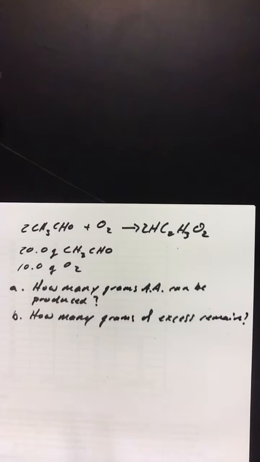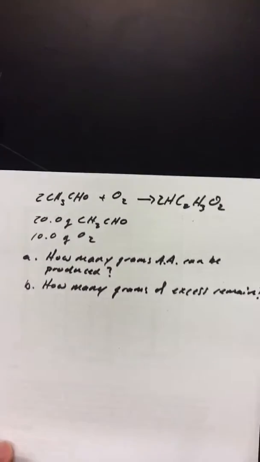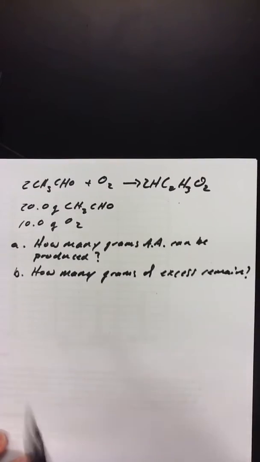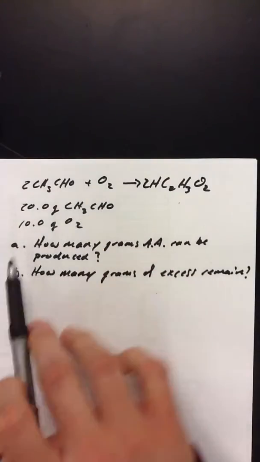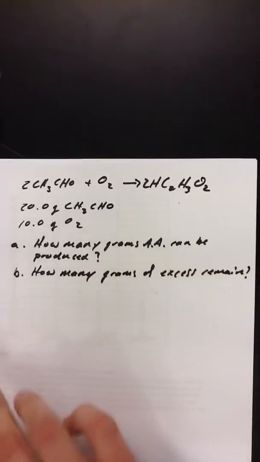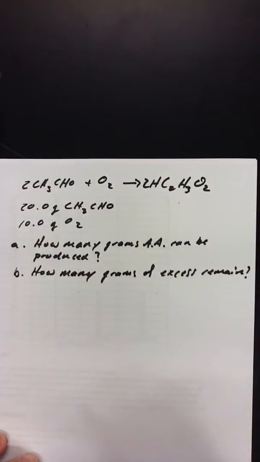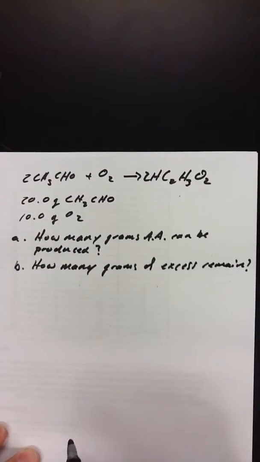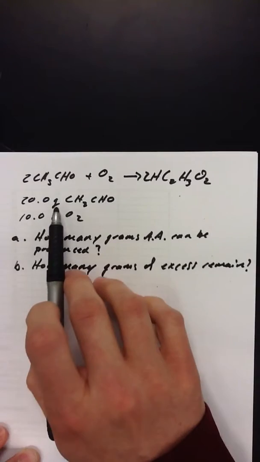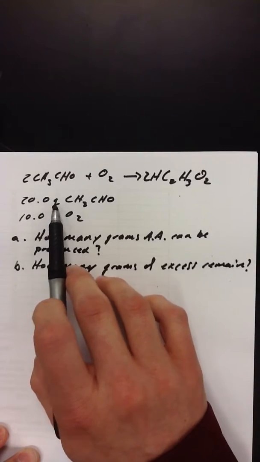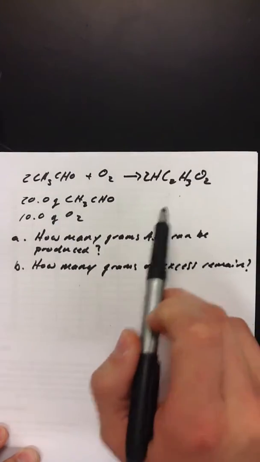So the question is, how much of that is there? The first thing we need to do is calculate which one, the 20 grams or the 10 grams, is actually going to limit our production of acetic acid. To do that, we need to go from grams to moles to moles.